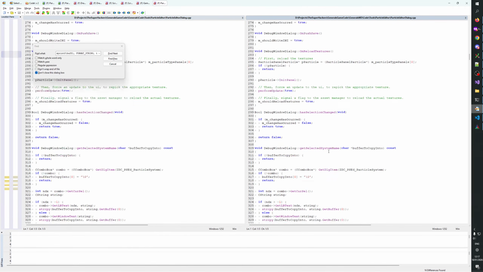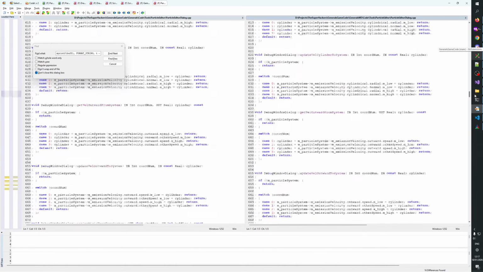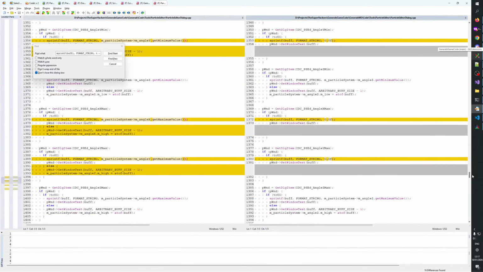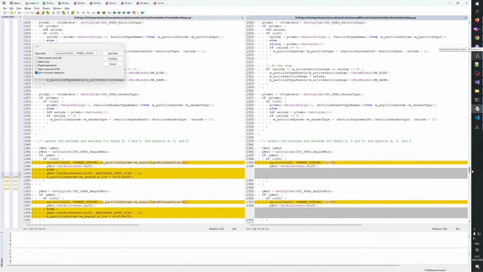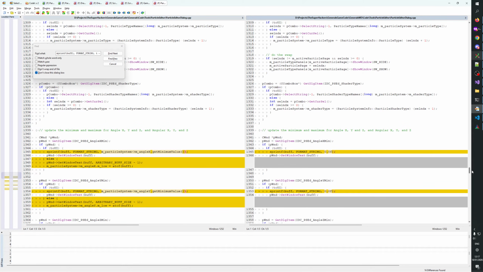Editor tool dialog. Aha. Dialog. There we go. Text.